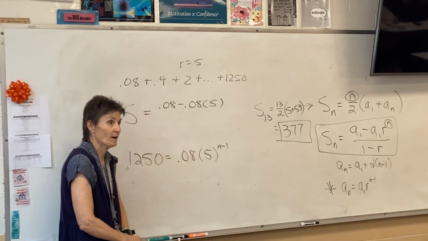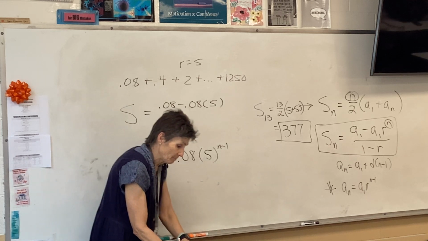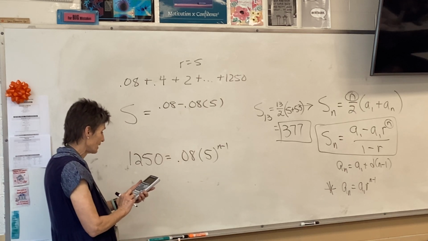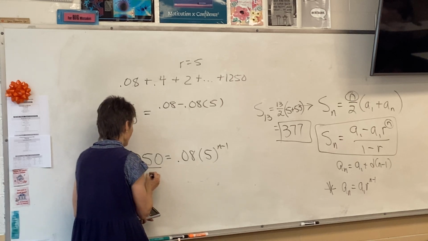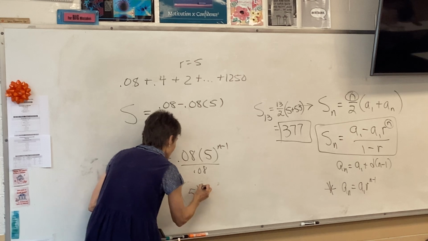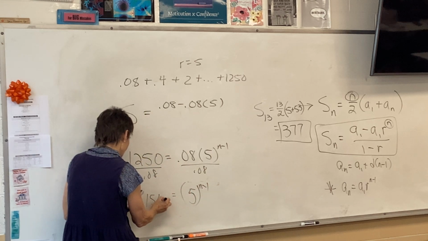That's what I'm gonna figure out. So step 1, I'm going to divide 1250 by 0.08. I'm going to divide both sides by 0.08. So 5 to a power equals 15625.